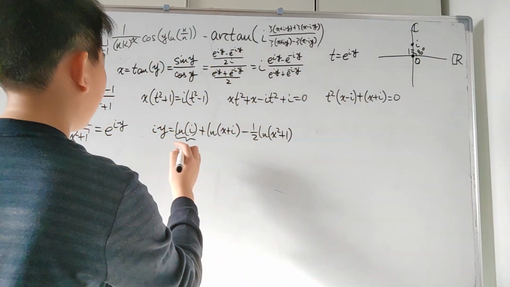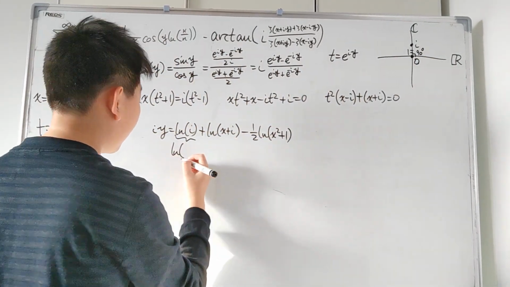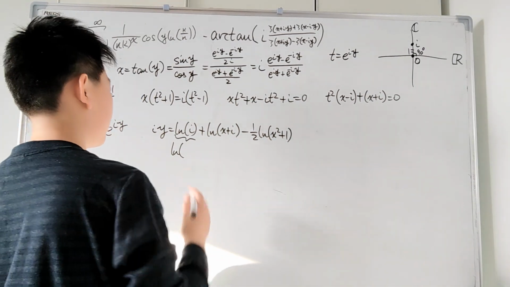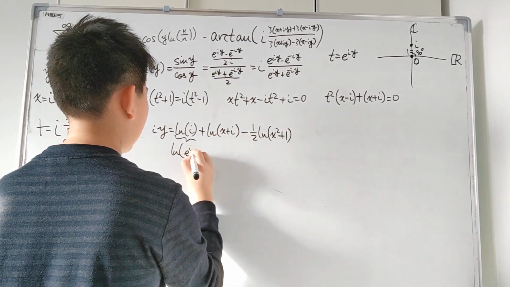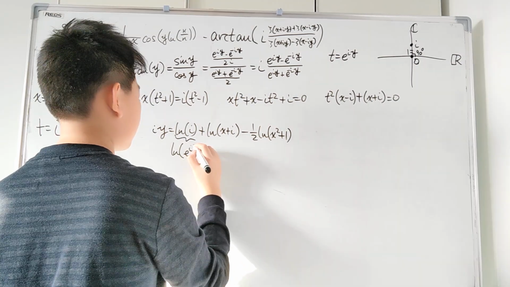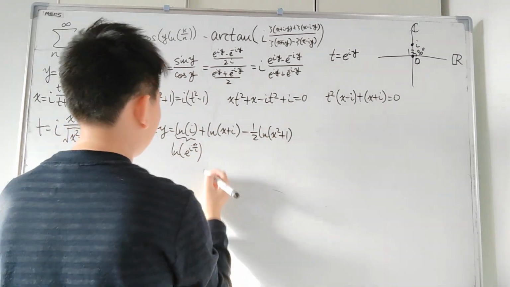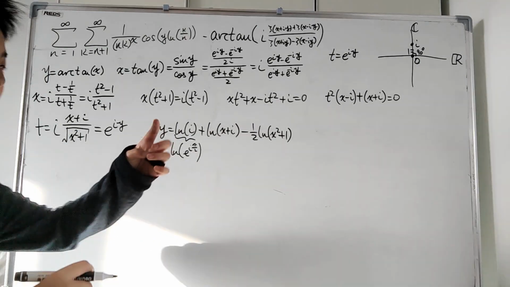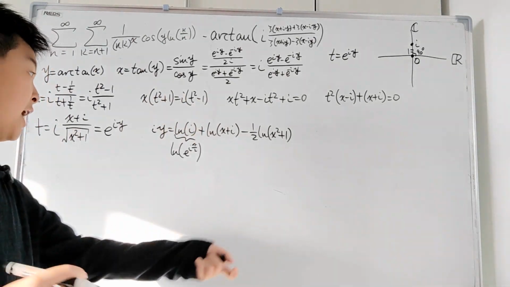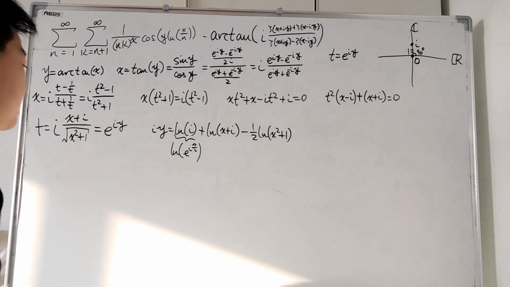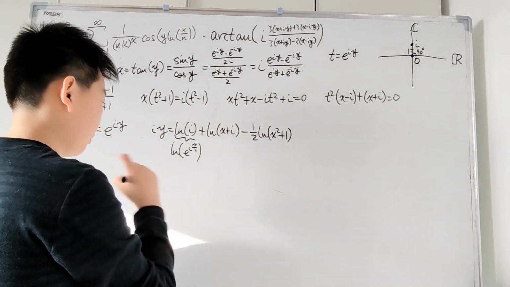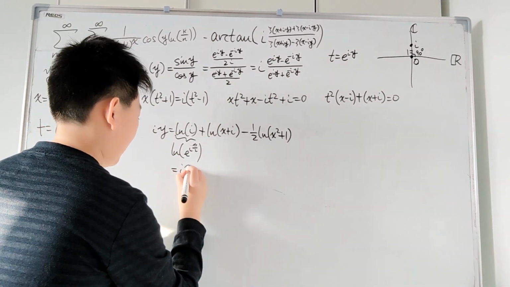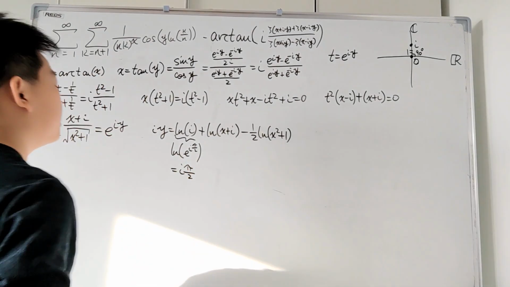So here what we have is the natural log of 1, which doesn't change anything, times e to the i theta, which is pi by 2. You can verify that this is true because i is negative 1 to the 1/2, and negative 1 is e to the i pi. So we have this is equal to i pi over 2.